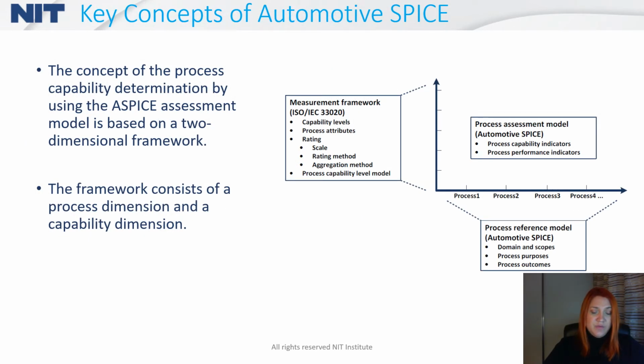The key concept of Automotive SPICE is a two-dimensional framework. One dimension is the process reference model, which describes domains and scopes, and the process purpose and outcomes for each process. The other dimension is the measurement framework taken from ISO 33020. This dimension determines capability levels, process attributes, rating scales, methods, and the process capability level model.